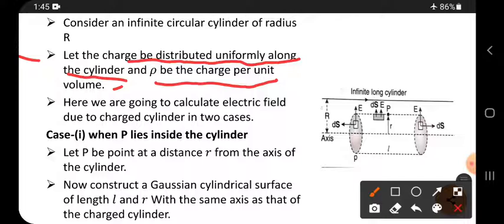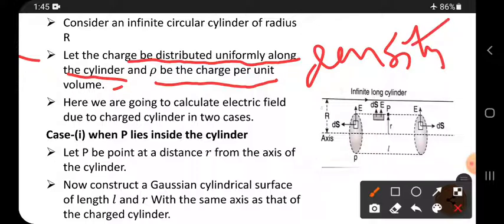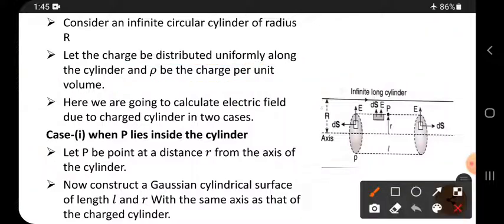Charge per unit volume is called charge density. For 2D, charge density is denoted by sigma. For 1D, charge density is denoted by lambda. For 3D, it is rho.